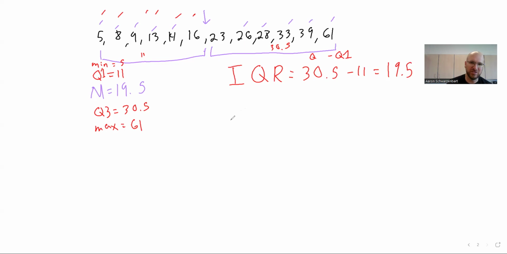So the definition of outliers from the IQR is more than 1.5 times the IQR above quartile 3 or below quartile 1. So we're going to calculate the upper fence and the lower fence.